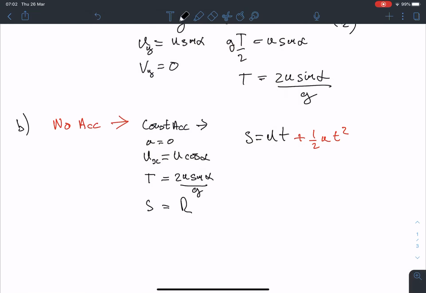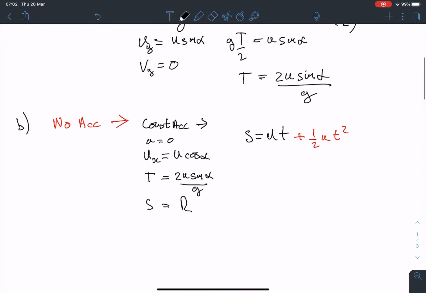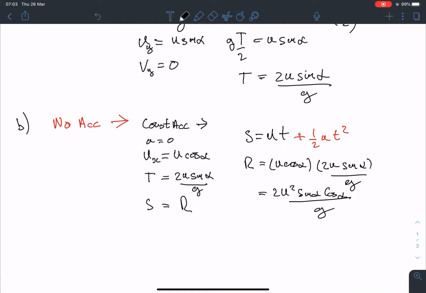So we can now substitute in R equals u, which is u cos alpha, T, which is 2u sine alpha over g. Expand it, and we get 2u squared sine alpha cos alpha over g for the range.